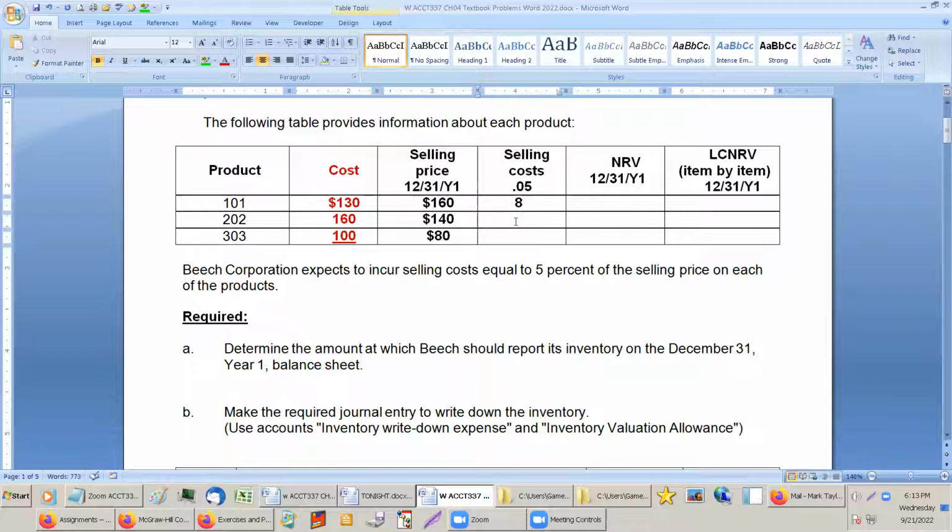Okay, so these are the selling costs. So the net realizable value will be the selling price minus the selling cost.